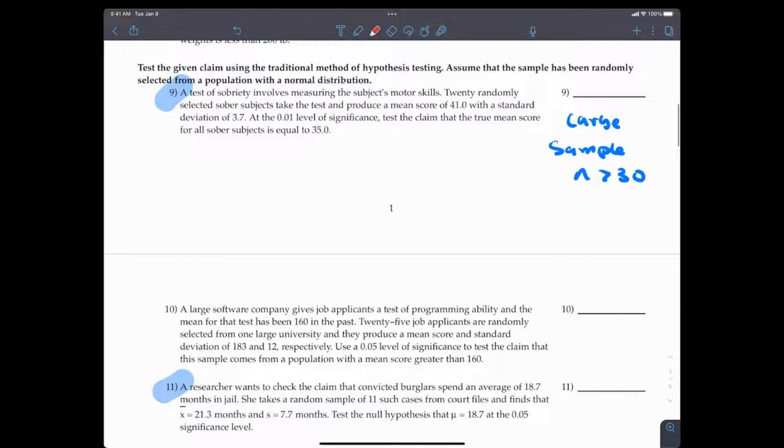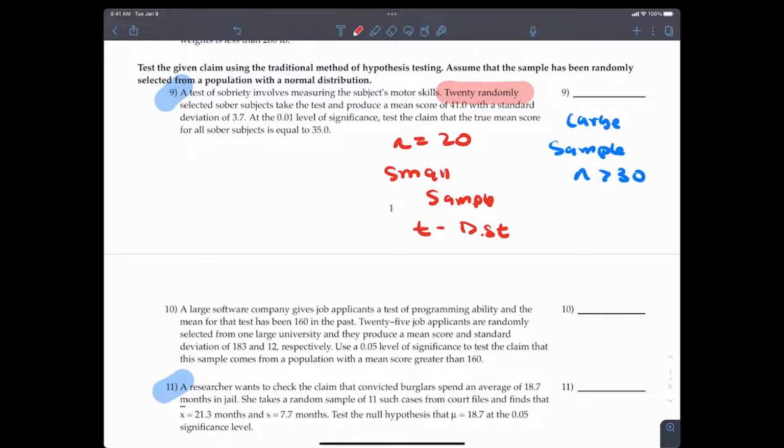Now, I save this for a separate section. 20 randomly selected. This is a sample size of 20. So I actually use this in another section. So this is for a small sample situation. And then that's using the student distribution.